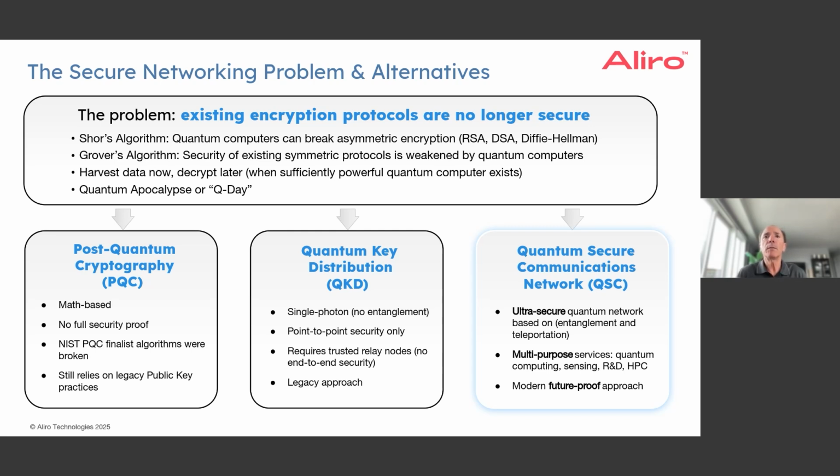So the only parties that know what the state of those photons was are the two parties that measure them, and if they were entangled, they know they were identical. And that's how QSC works. So it's the most secure. It's also, if you have a good, capable software stack that can work with different types of hardware, a future-proof approach.